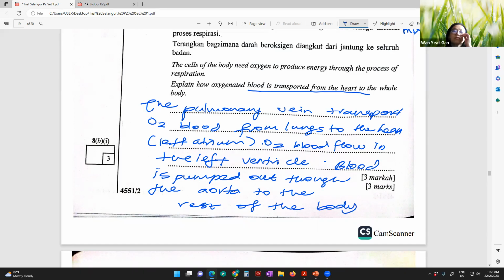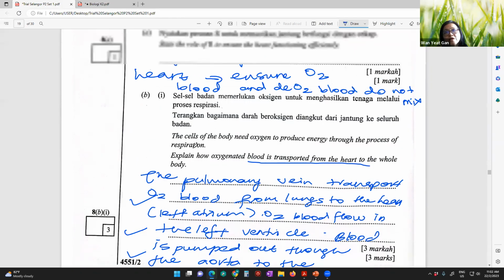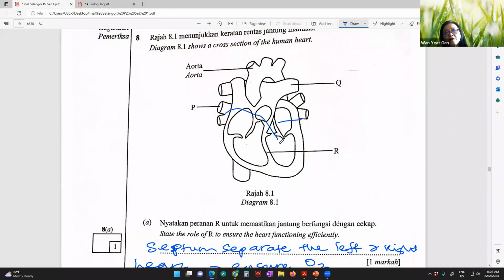Okay, so we have 3 marks there. First, talk about the oxygenated blood transported by the pulmonary vein, then it enters into the left atrium, left ventricle, and finally it gets pumped out through the aorta to the rest of the body. Right, so it enters here. This is the left ventricle, and then finally pumped out to the aorta here, which is this one.